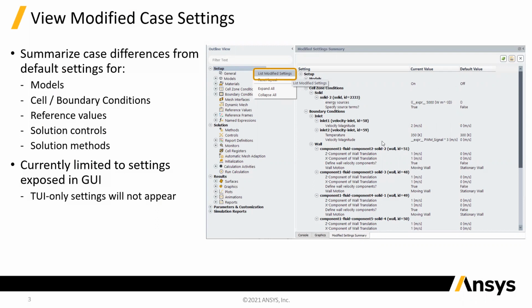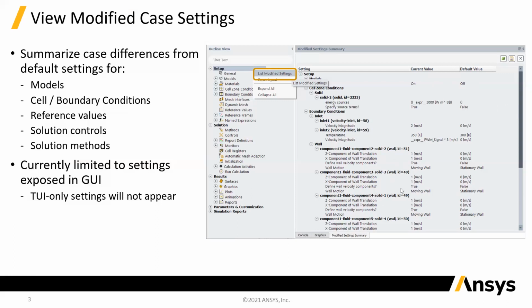Essentially what that gives you is a record of all settings that have changed from the default value. So this records for you boundary conditions, models, expressions you've put in, etc. The only thing that won't be there is if you do any TUI commands that are not available in the GUI, and those won't be recorded.